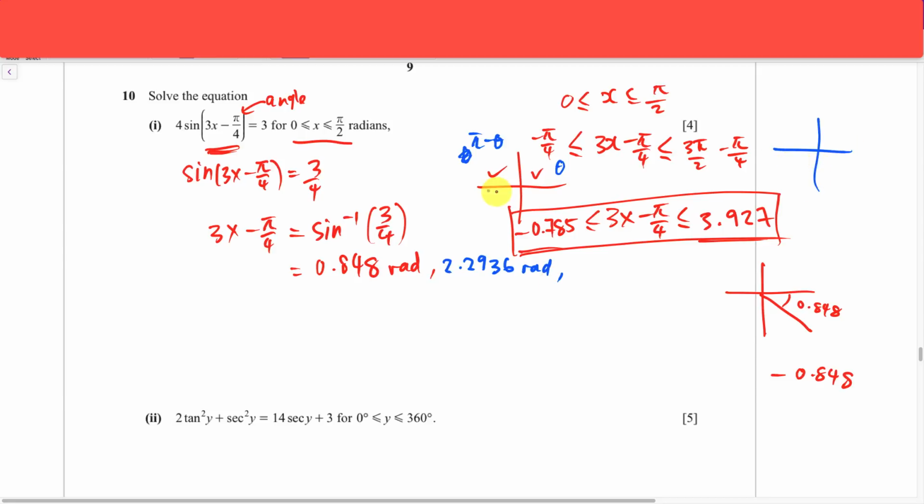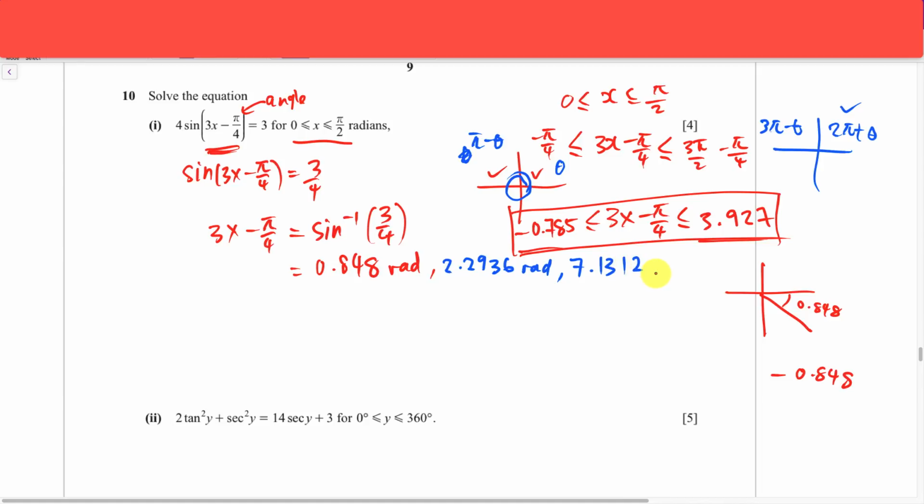Second round means this one rotates again, and on the second round it is just everything plus 2 pi plus theta. This one will be 3 pi minus theta. So I will go to the 3 rounds, the first one, I think should be more than enough. The second one will be 2 pi plus 0.848, so I will get 7.1312.